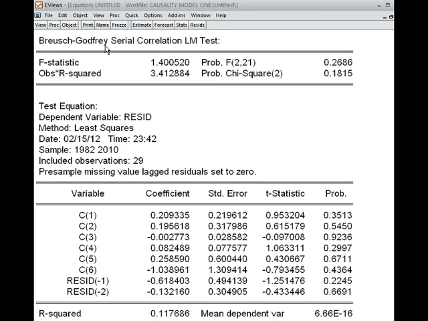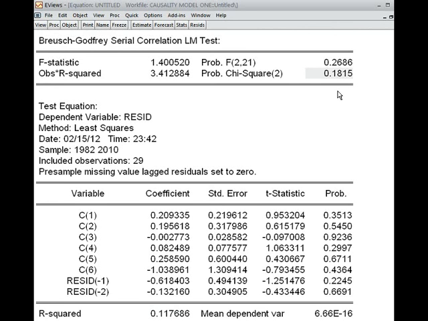So this one is the Breusch-Godfrey LM test, the observed R square and the corresponding p-value. What is the p-value? 18.15%, meaning that it is more than 5%. So we cannot reject the null hypothesis.